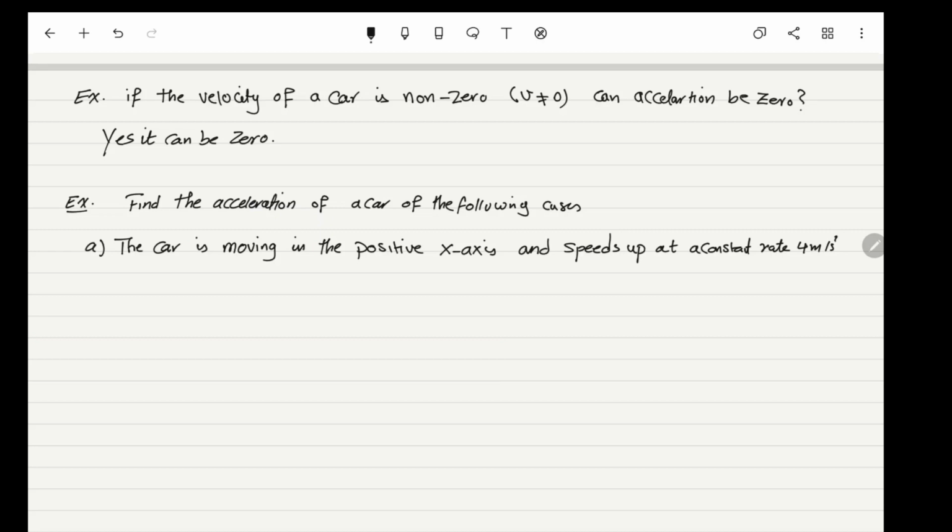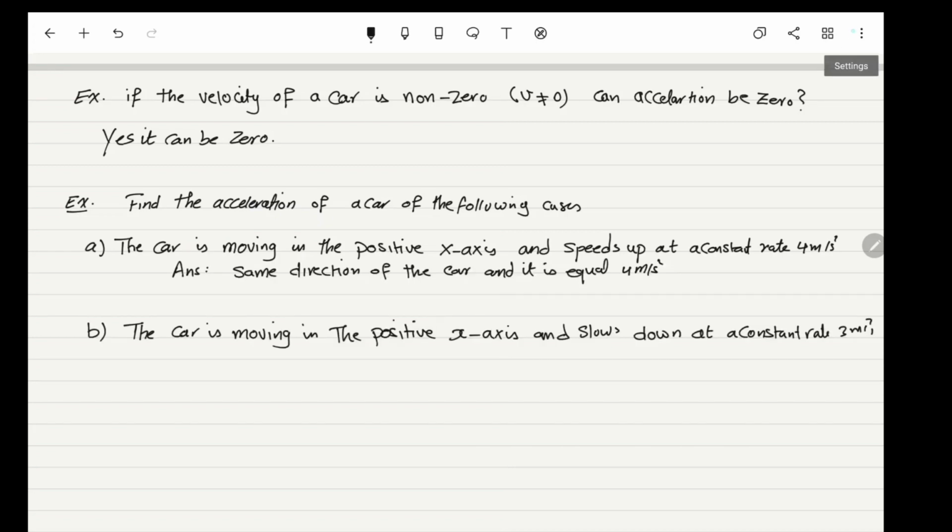As a result, it equals 4 meters per second squared, because it is speeding up. B, the car is moving in the positive x-axis and slows down at a constant rate of 3 meters per second squared. For this case, the acceleration is in the opposite direction of the car, and it equals -3 meters per second squared.